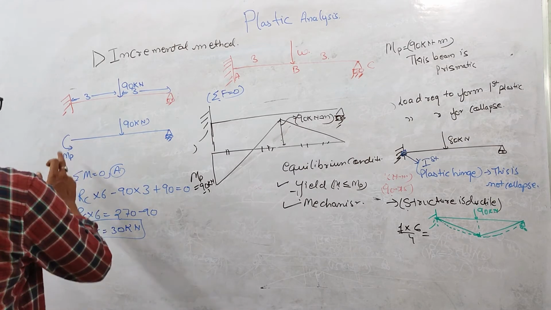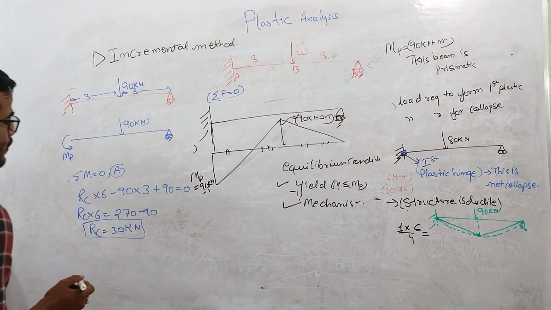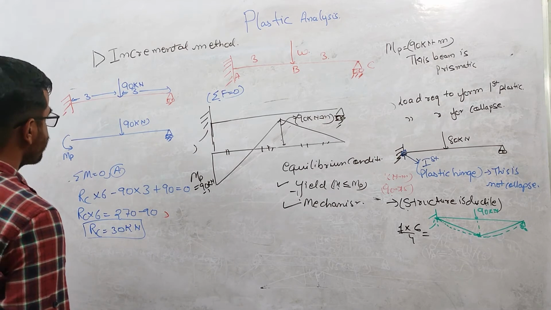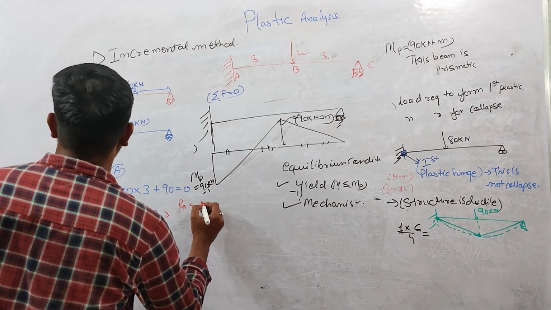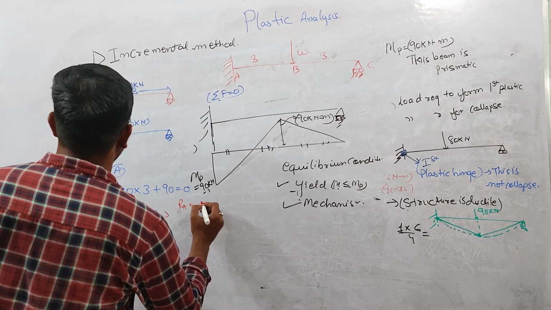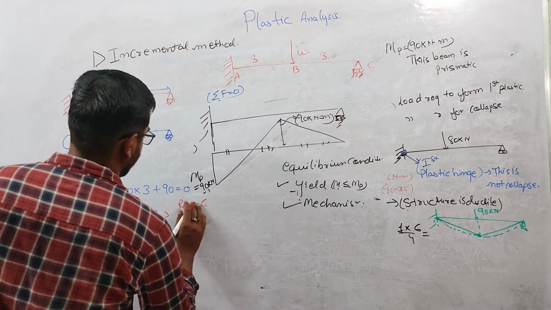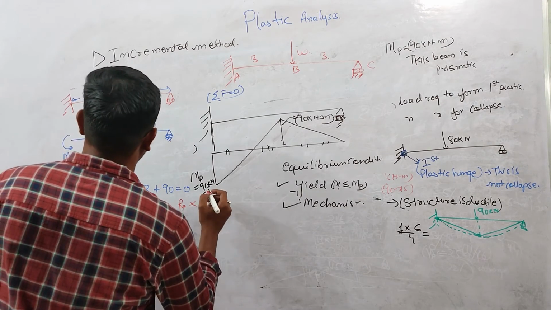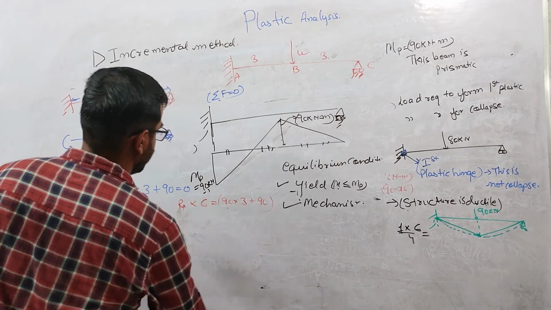And what will be the value of RA? You can calculate that again. Taking moment about point C, RA into 6 equals 90 into 3 plus Mp, where Mp is 90.